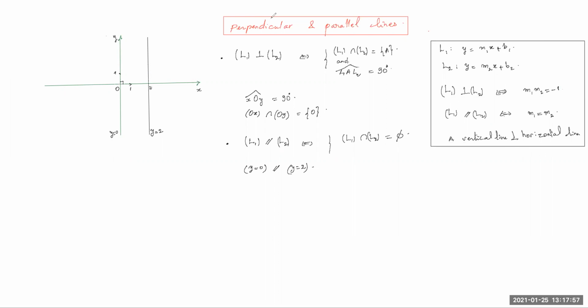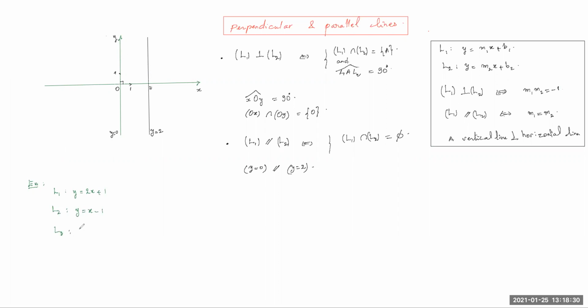Let's do some practice on that. The first question: let's identify which ones are parallel or perpendicular. We have L1, with equation y equal x plus 1. L2 has equation y equal x minus 1.